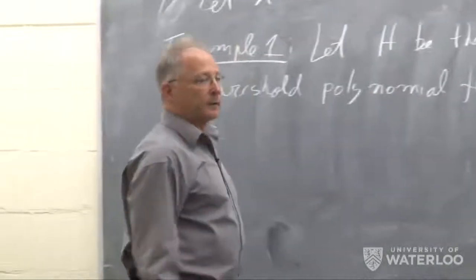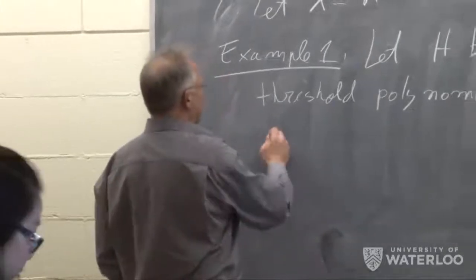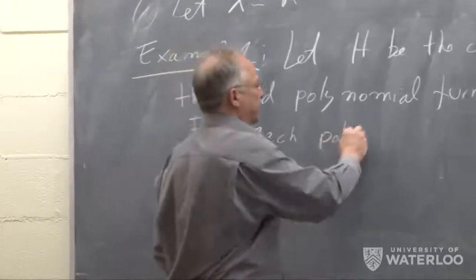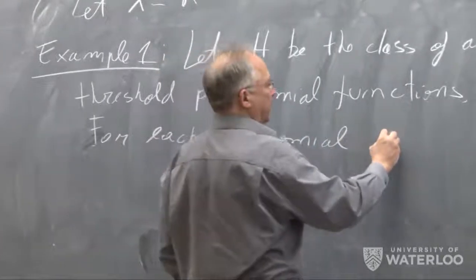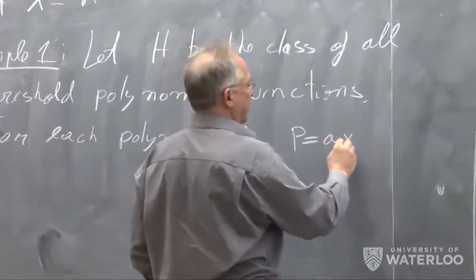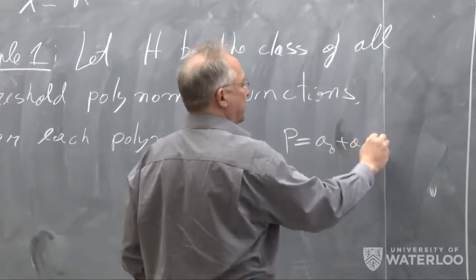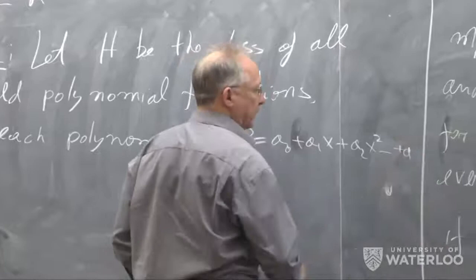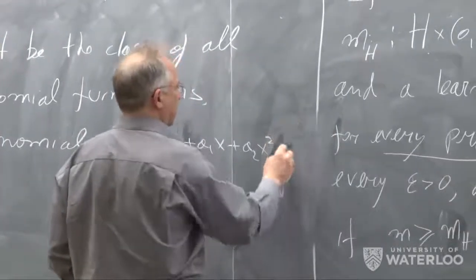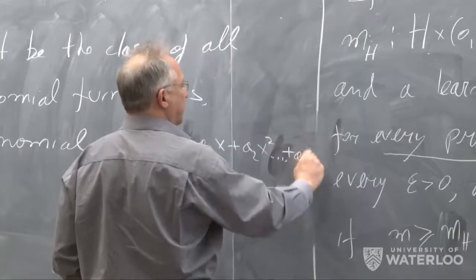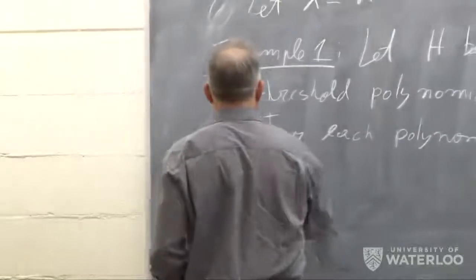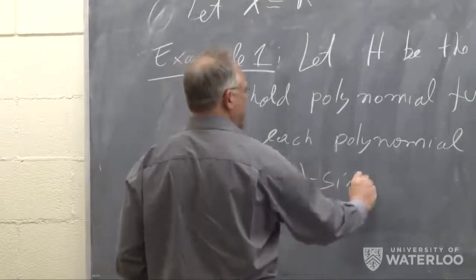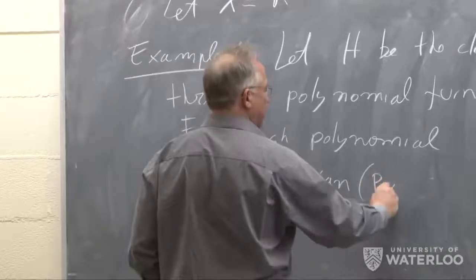So what do I mean by that? So for each polynomial P, say A0 plus A1x plus A2x squared, and so on, plus AD x to the d, let HP of x be the sign of this polynomial P of x.